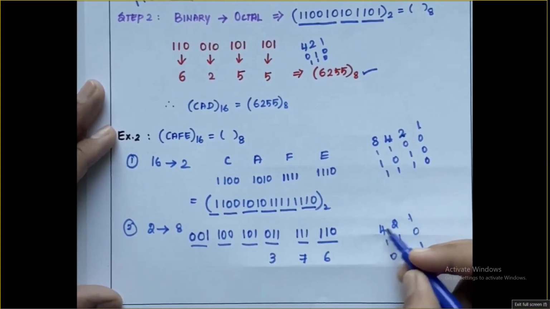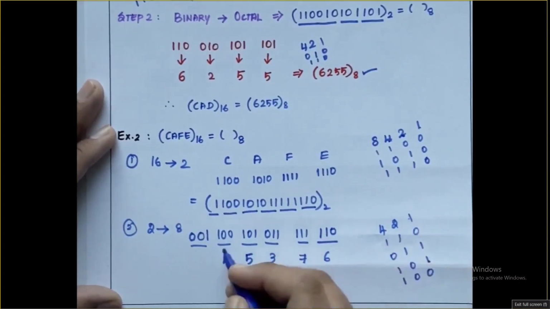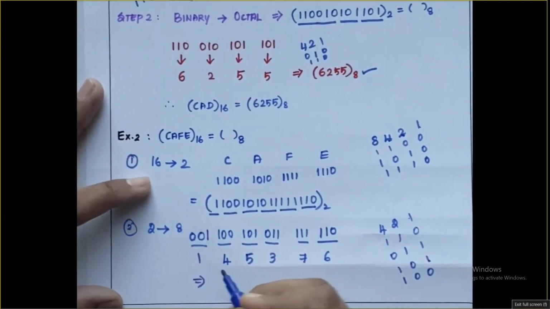So 5. Next for 100, it is 4. Next for 001, it is 1. So the equivalent octal value for the given hexadecimal is 14537 to the base 8.